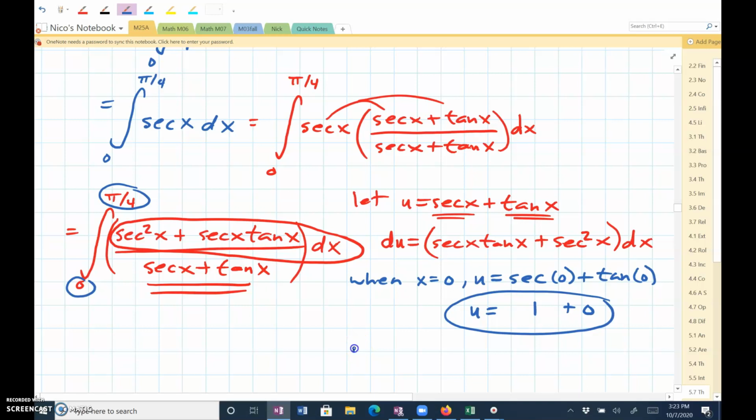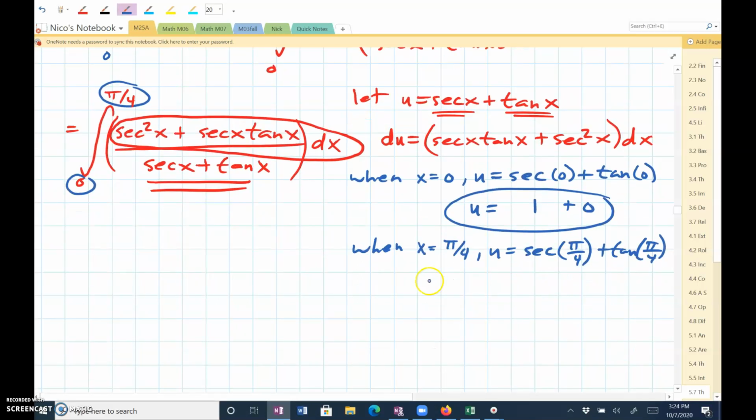And let's see, when x equals pi fourths, u equals secant pi over 4 plus tangent pi over 4. So tangent of 45 degrees is going to be 1.